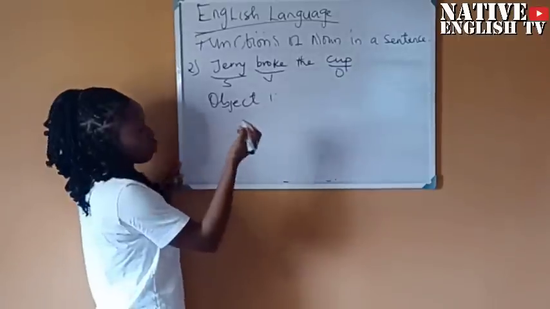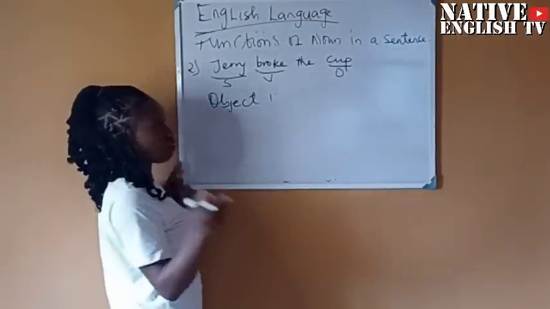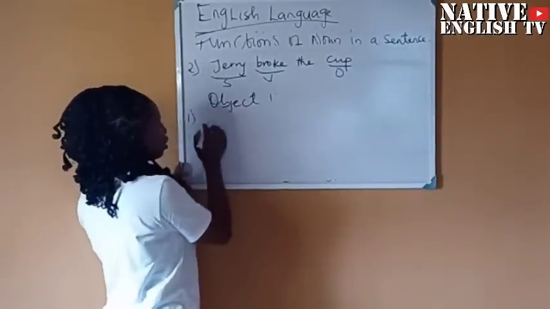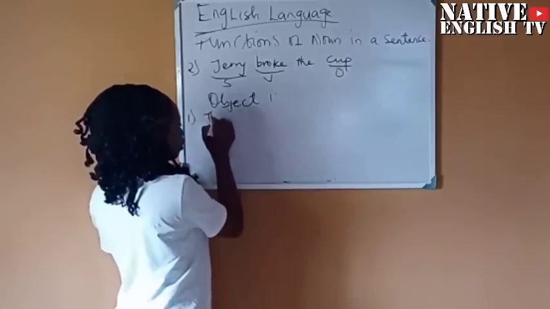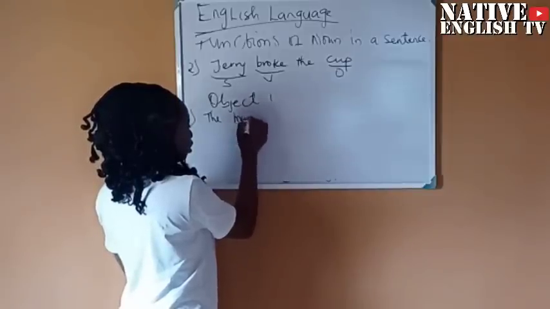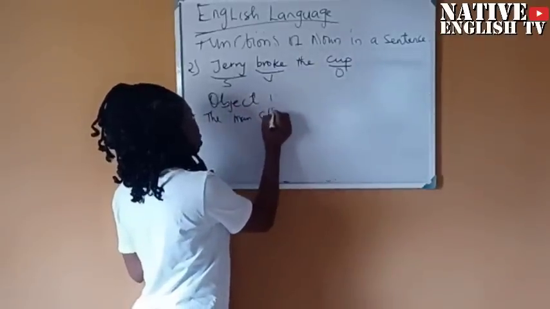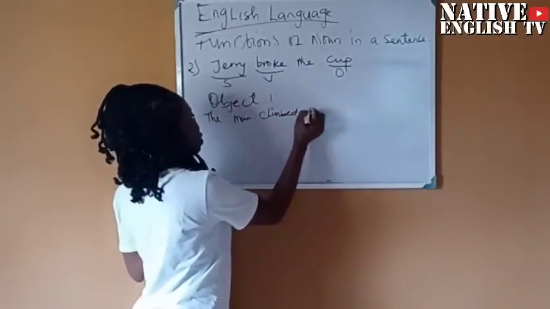Direct objects are who or what is affected by the action of the verb. Number one, the man climbed the fence.